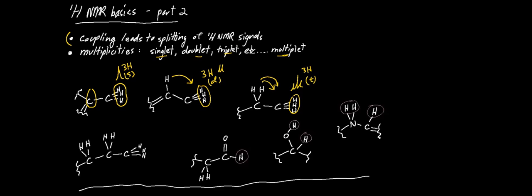If we have an extended system like you see here, this still is the same. Three hydrogens split two more times into a triplet, but these two protons here are equivalent to each other. They generate a two-hydrogen signal, split five additional times, resulting in 6 lines total, or a sextet.